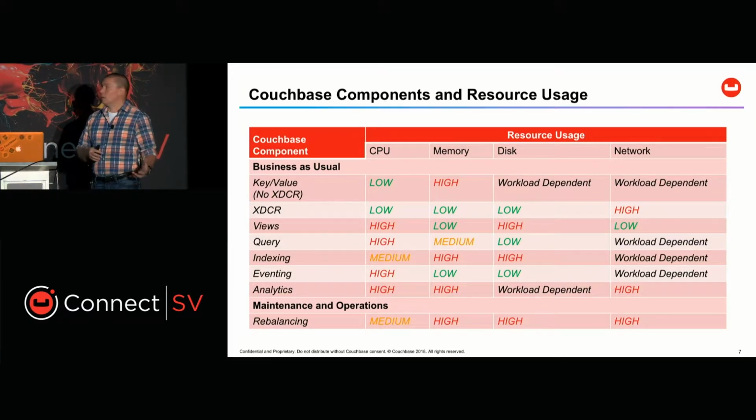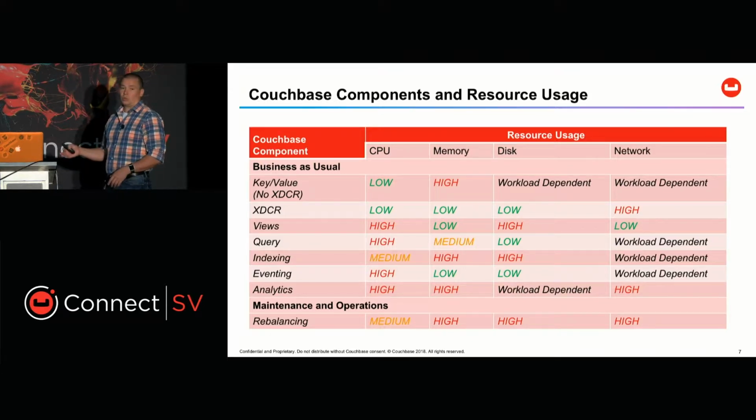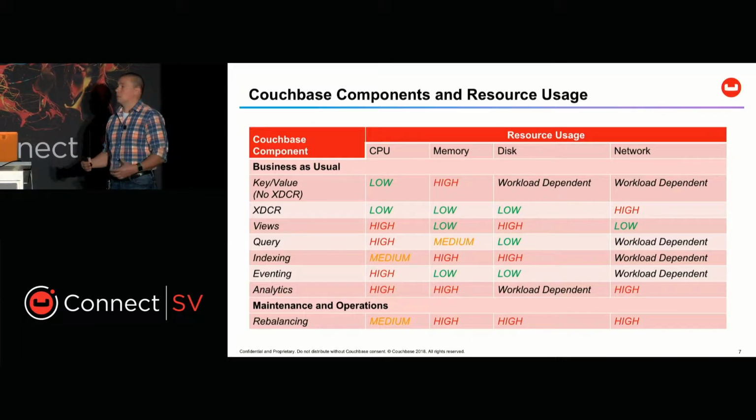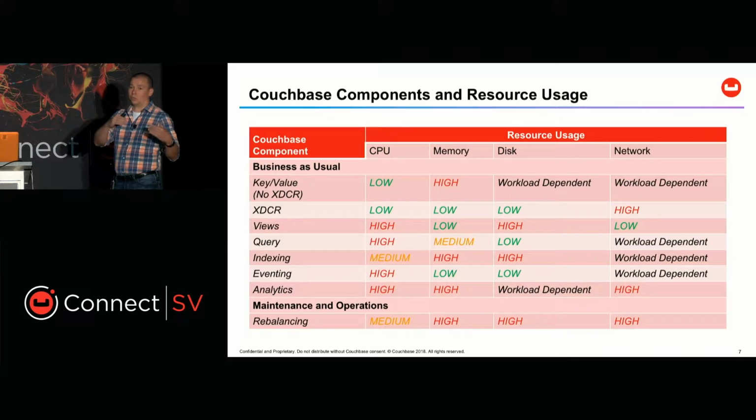Rebalancing is the moving of the shards or virtual buckets, vBuckets, between the nodes when you change the topology of your cluster. So if you add an extra data node, remove several data nodes, or fail them over, rebalancing will be necessary to assure that your cluster is in a balanced state, which basically means you have the same number of active shards or vBuckets as you have replicas.